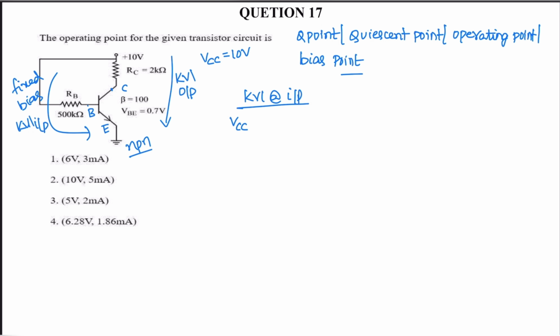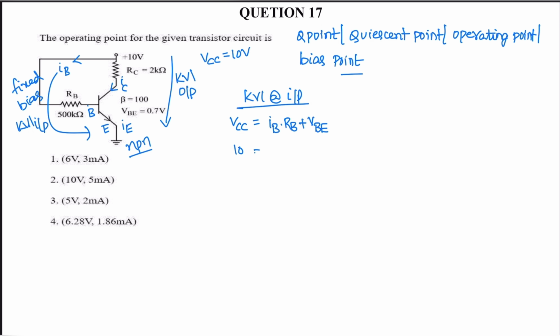Applied voltage VCC is equal to, let IB be the current here, the current is IC and the total current is IE. VCC is IB RB plus base emitter voltage.